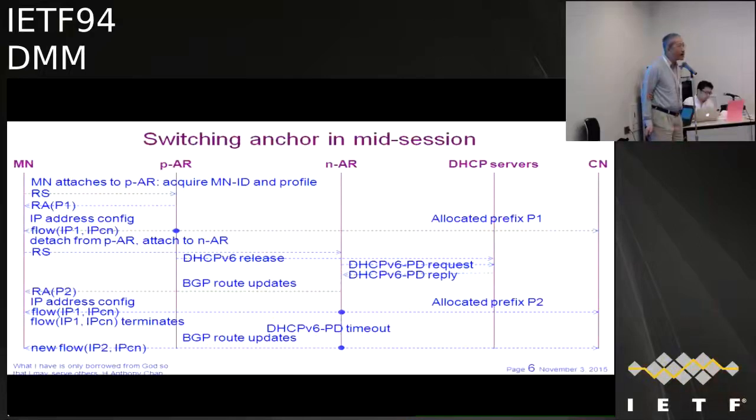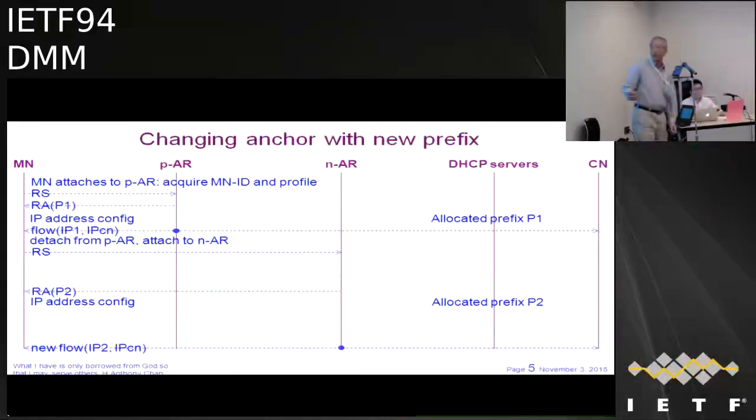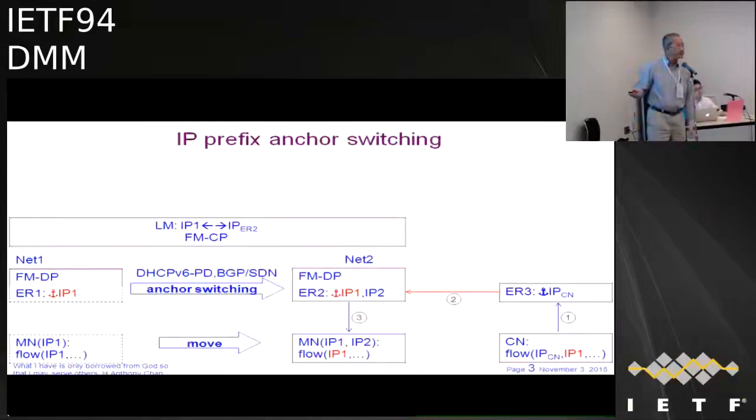My question is whether you have analyzed or discussed these potential scalability issues in the draft, because I don't see how a mobility solution based on host route updates will actually work.